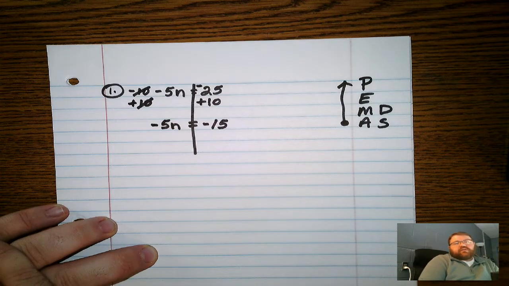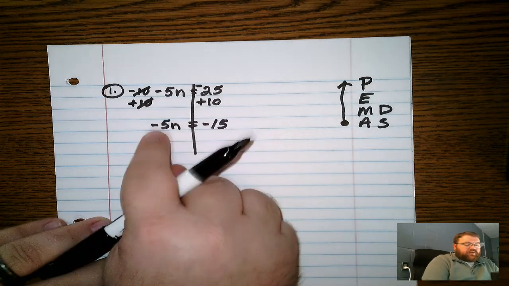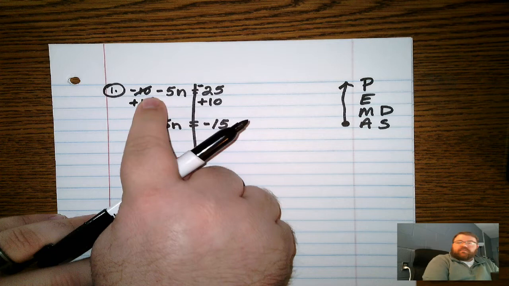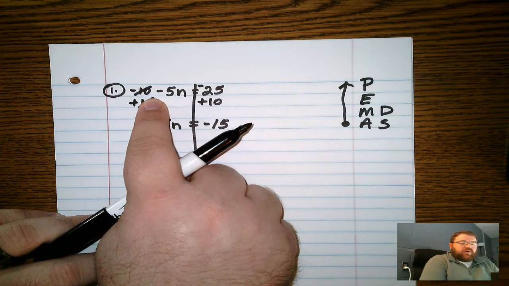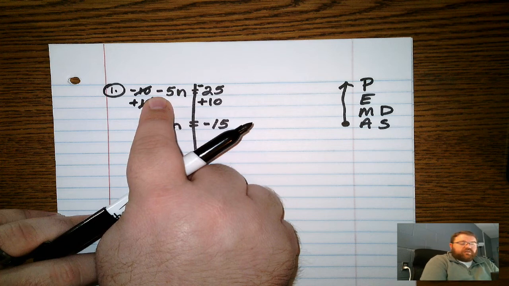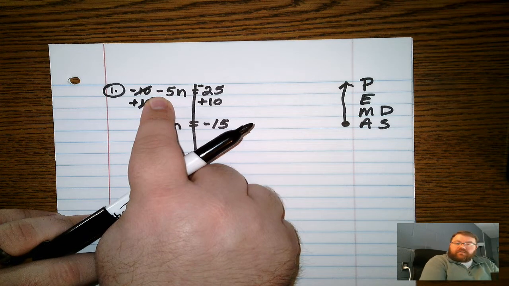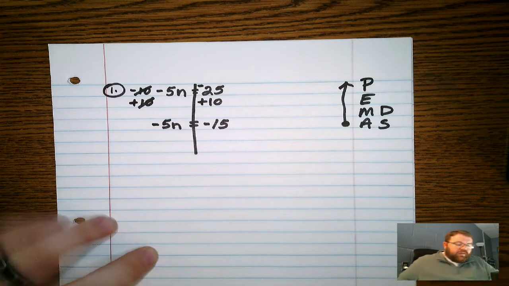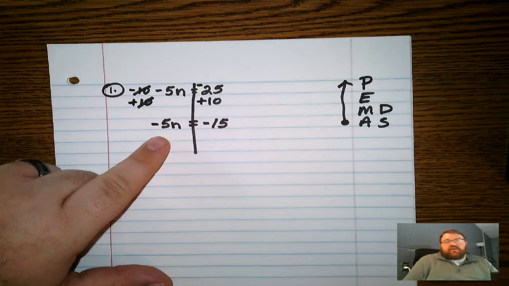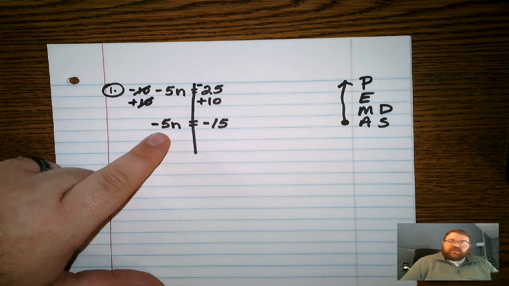Some of us are starting to maybe wonder, why am I treating this as a negative? Because in the problem it was a subtraction. Remember that with change, all subtraction problems can be looked at as adding a negative. So that's why I have kept this as a -5. Once we make it to this step, we're able to look at this as a one-step equation because there is only one more step until we solve the equation.